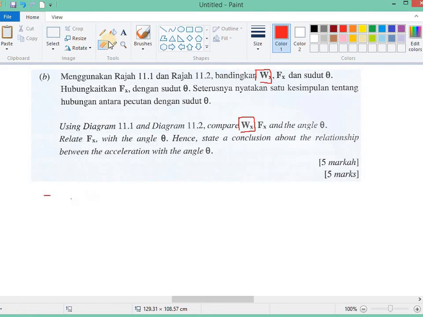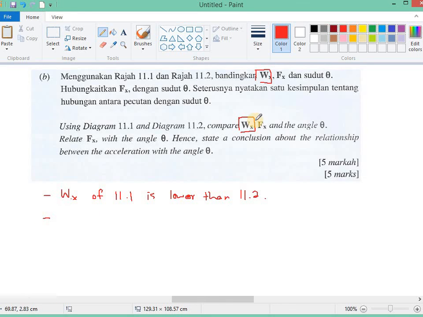I'll use a shorter sentence. Wx of 11.1 is lower than 11.2. Very simple.